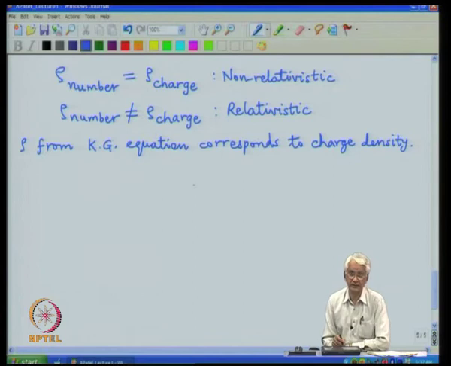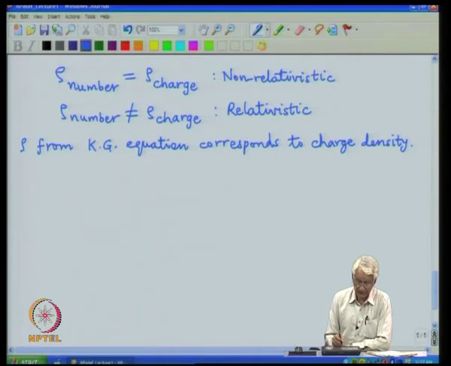There could be positive charge, there could be negative charge, and either of them is perfectly physical, and we have a conservation of charge as well, and that all fits in very well with all the mathematical formulation. So, that is one part of the story.